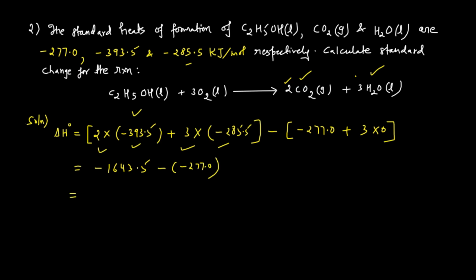This is basically your minus 1643.5 plus 277.0, and this will give you minus 1366.5 kilojoule. Okay, so this would be your answer.